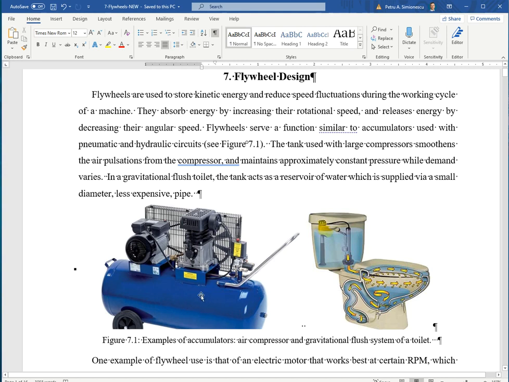And also, many compressors have this feature where there is a controller that maintains the pressure in the tank between certain limits, and there will be times when the compressor is not running. The air is coming from the accumulator, from the tank.